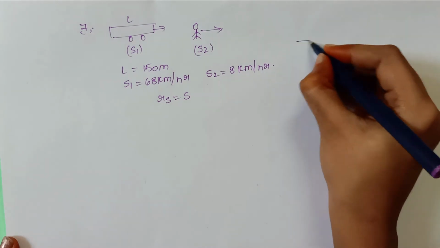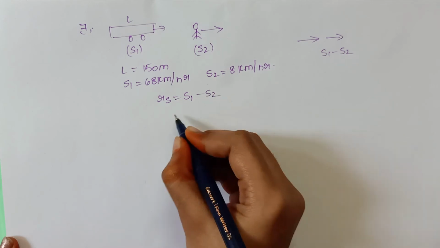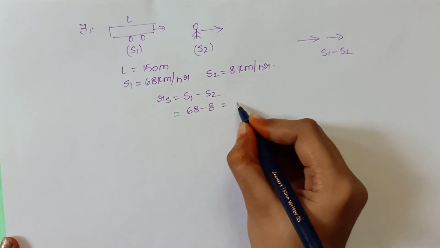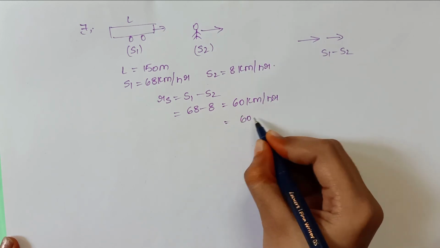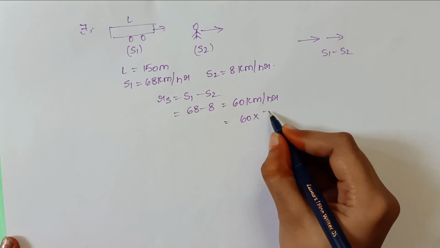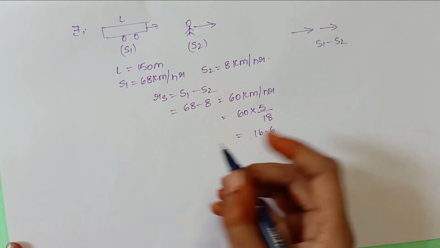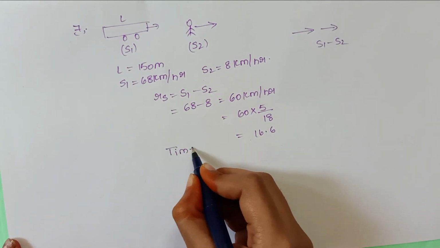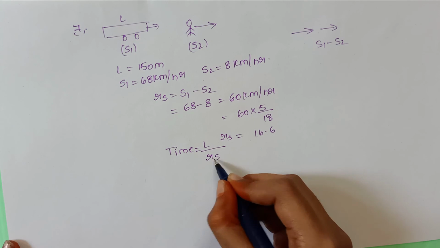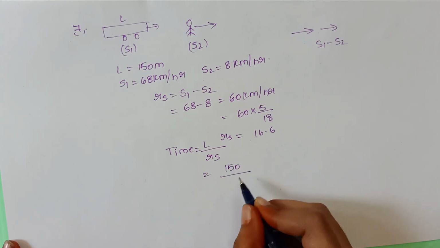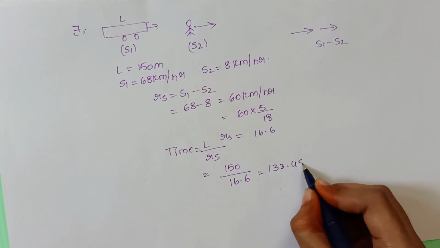They are moving in same direction, so S1 minus S2. 68 minus 8 is equals to 60 km per hour. Now we want to convert 60 into 5 by 18. If we calculate, we'll get 16.6. Now time is equals to length by RS. Length is 150 meters by RS means 16.6. If we calculate, we'll get 133.4 seconds.